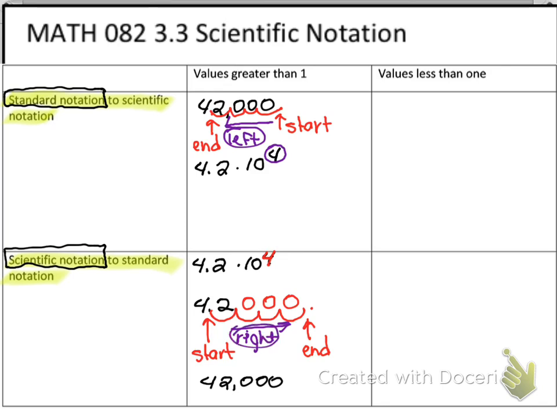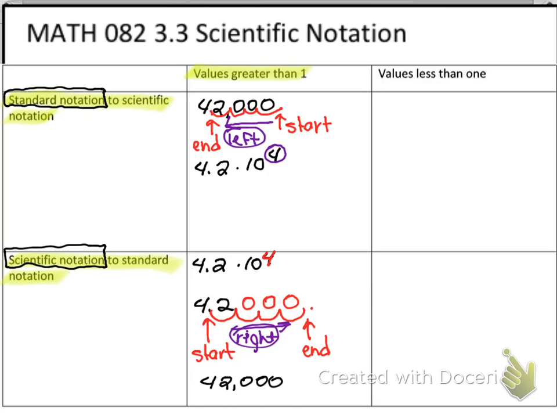My point here is that if you're trying to memorize left and right, the directions are opposite depending on whether you're going from standard notation to scientific or from scientific notation to standard notation. A better, more useful way to remember things, instead of thinking about left or right, is to ask yourself: do you have a value greater than 1 or less than 1?